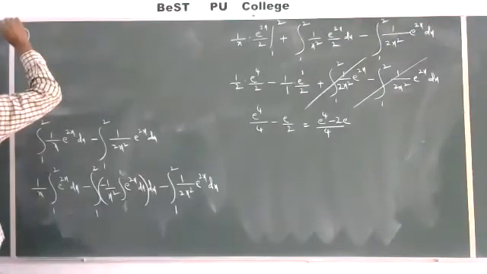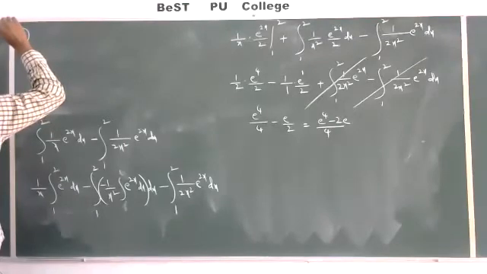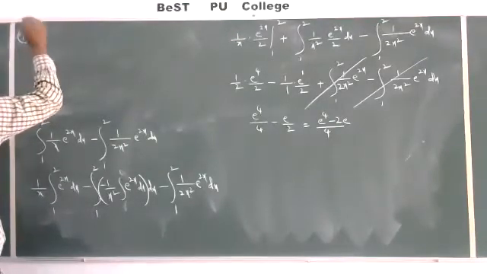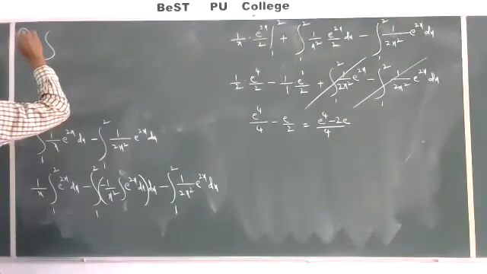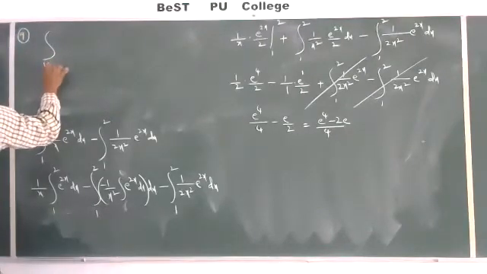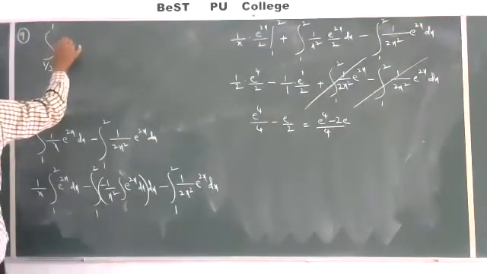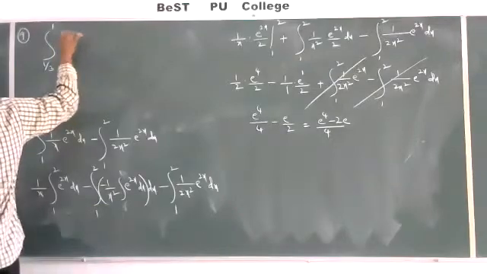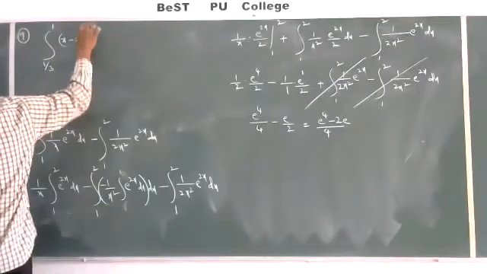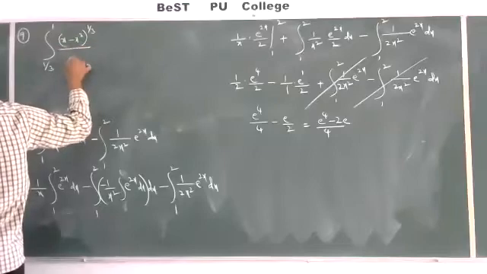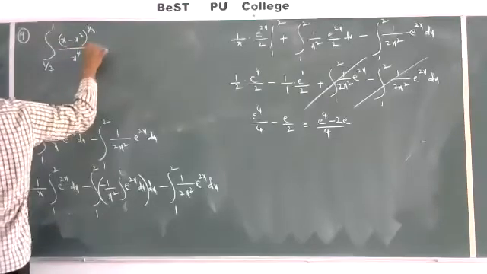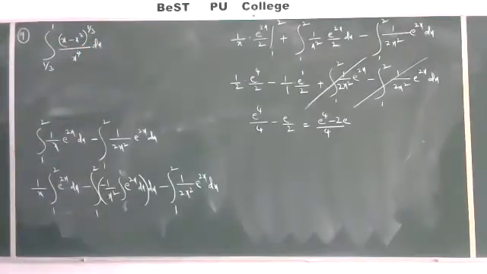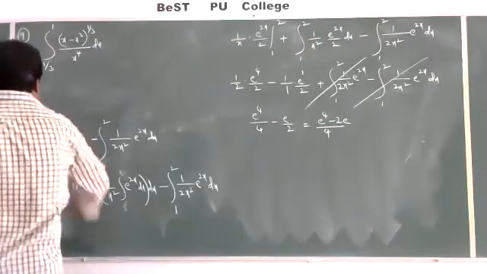Yes, ninth problem. The value of the integral, integral 1 by 3 to 1, x minus x cube whole power 1 by 3 by x to the power of 4 dx.